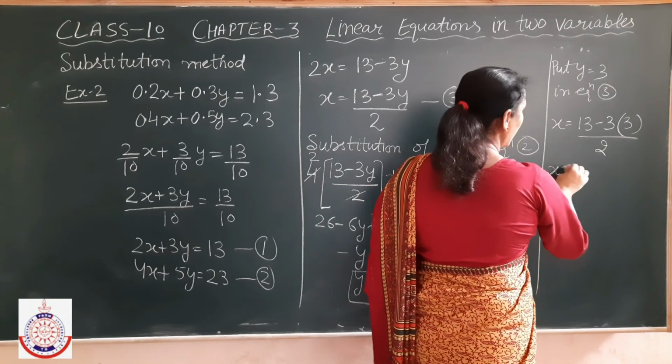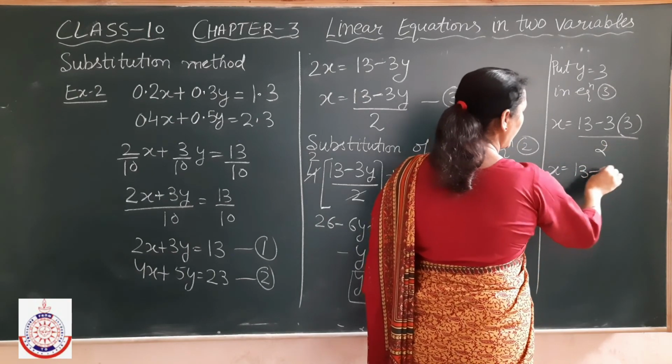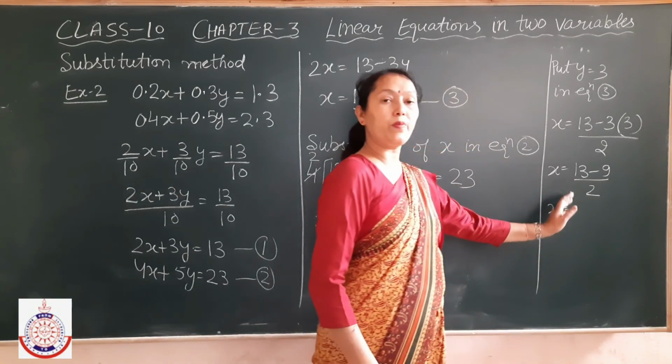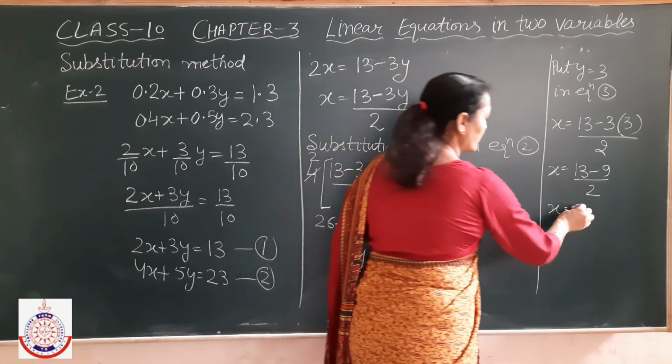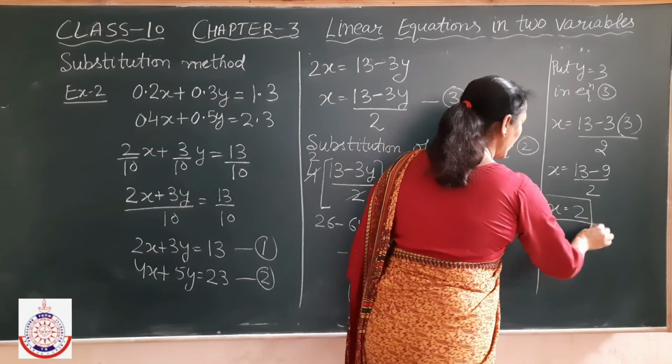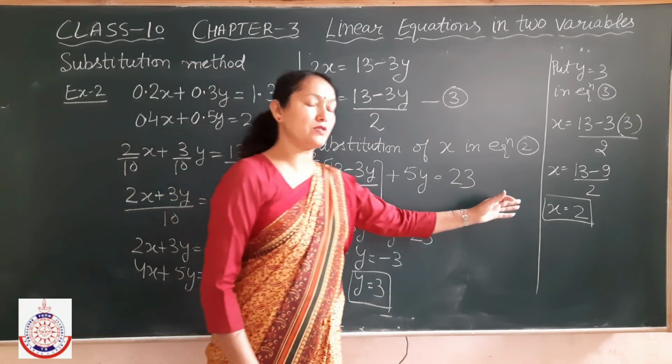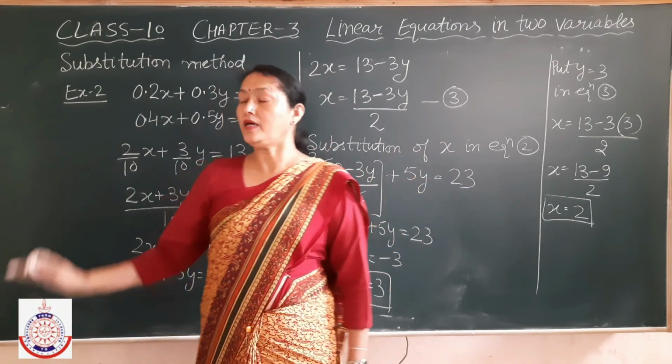So this is 13 minus 9, 3 threes are 9, upon 2, that is 4 upon 2, which means 2. So we have obtained the values of both variables, y as 3 and x as 2, using the substitution method.